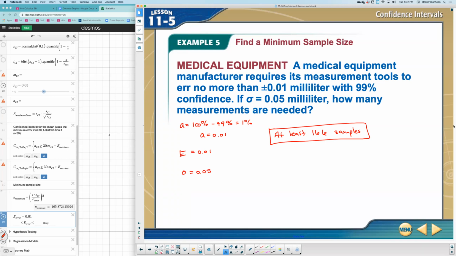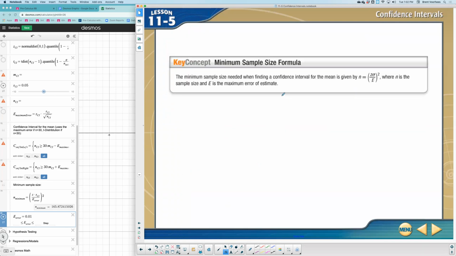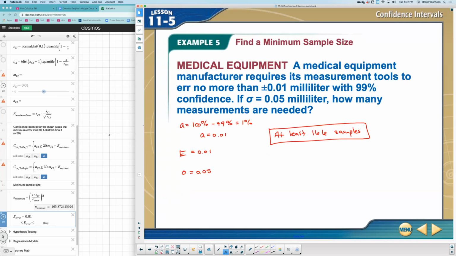And so the math in there, if you're wondering what just happened, is to find that minimum, which the variable they use is n for samples. What you do is you take your z value, you multiply it by the standard deviation, and you divide it by the error, which they gave us, and then that is squared. They gave us two of those values.